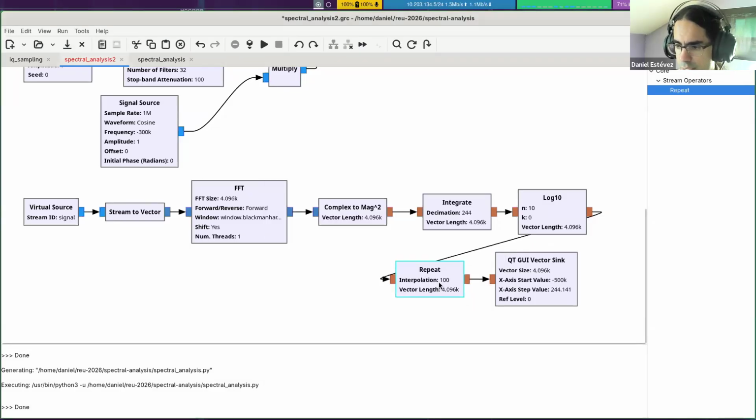Then what happens is this block produces a measurement every second. The measurement is converted to decibels. The measurement arrives here and is repeated 100 times, so we get 100 vectors with the same contents. This plot now has enough inputs to begin working. It will basically plot the 100 vectors on top of each other, overwriting them.